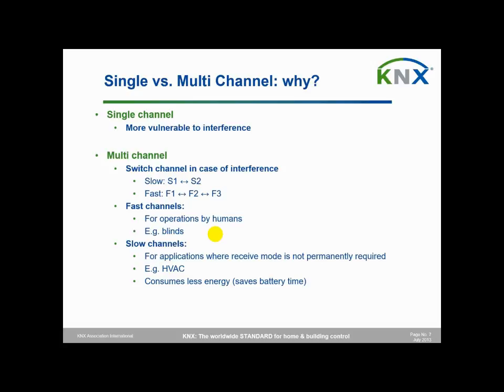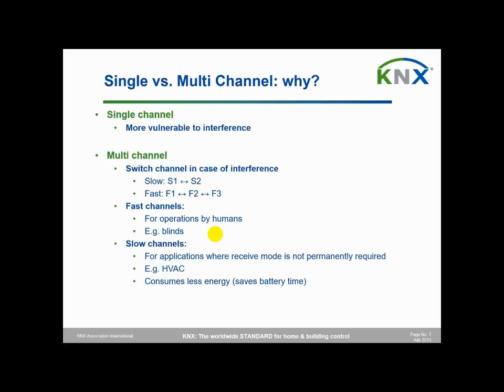With multi-channel devices, this problem is solved. In case there is interference, the device has the possibility to change the scanning frequency. So that could be slow: you switch from S2 to S1 or vice versa. And in case of fast, there are three scan frequencies to switch to.